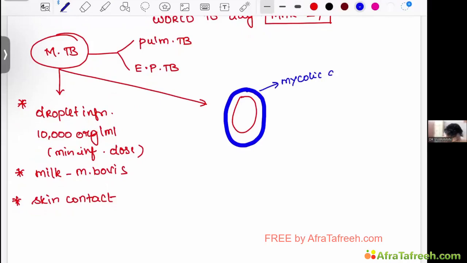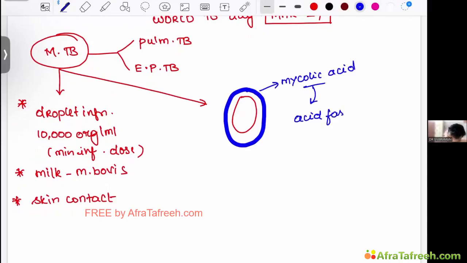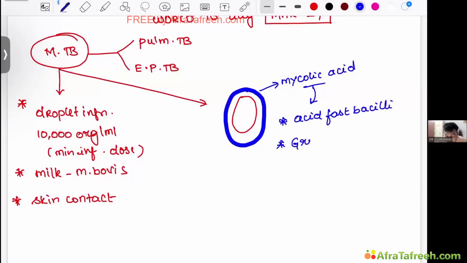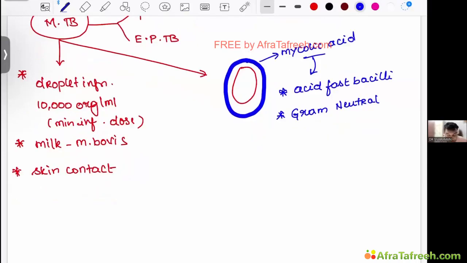The mycolic acid is the one which resists gram staining, making this organism an acid fast bacillus. It is not going to be stained by gram staining. It is gram neutral, even though our books list it as a gram positive organism.